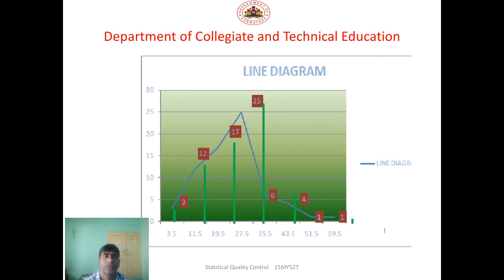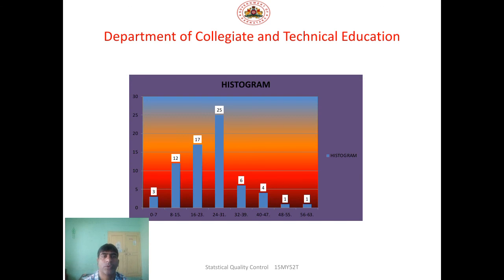So like that you should complete the whole line diagram. Mark the midpoints and erect the height equal to the frequency of that respective class. So next one we'll see the histogram.